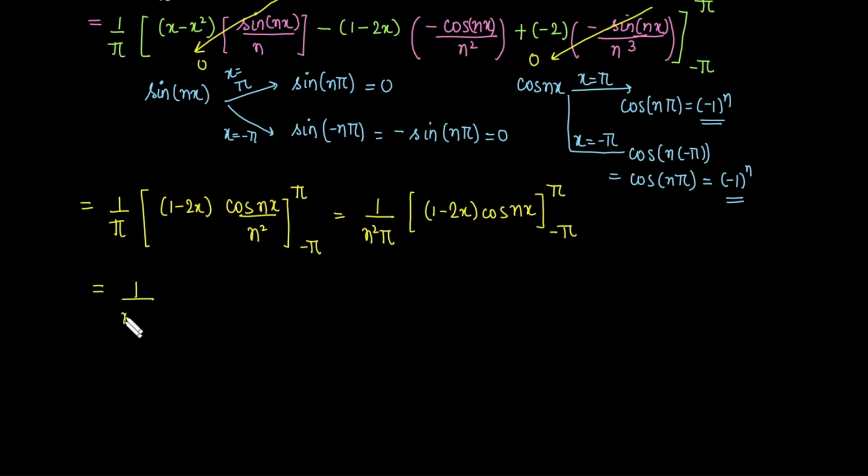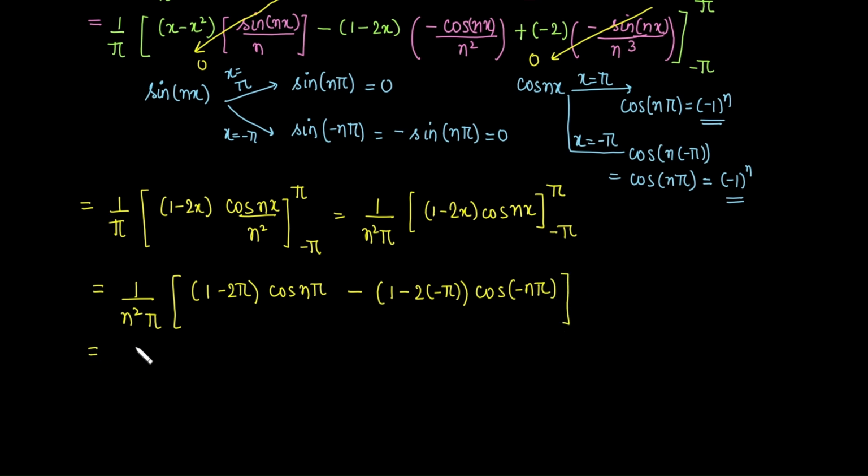We have 1 upon n square pi, 1 minus 2 pi when you take upper limit, cos of n pi, minus lower limit, that is 1 minus 2 times of minus pi, cos of minus n pi.